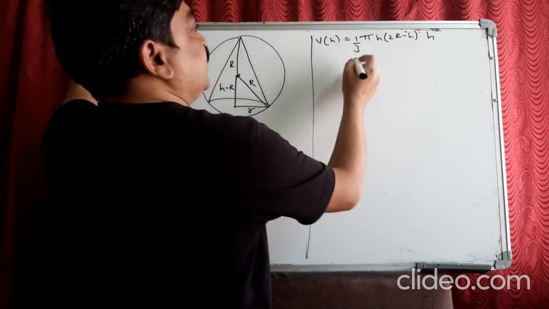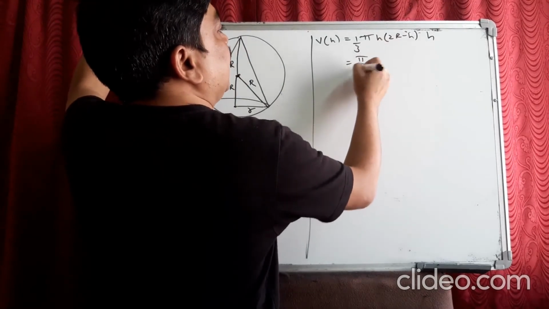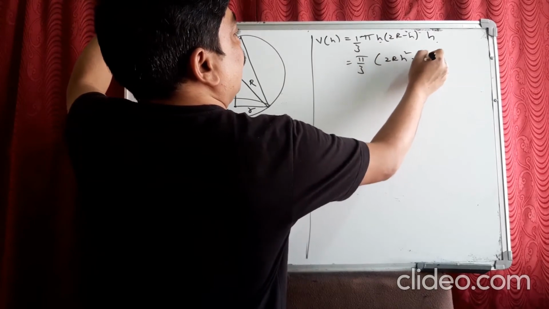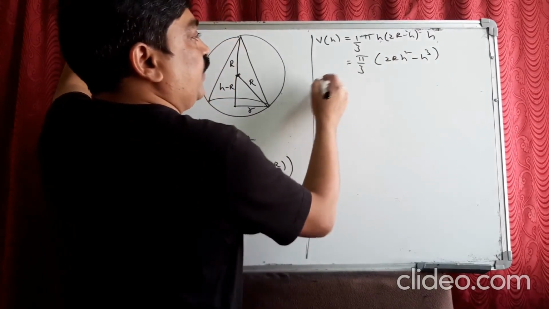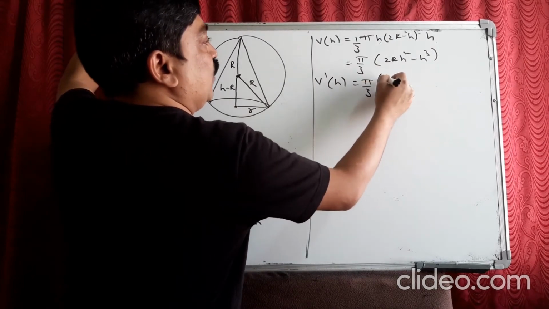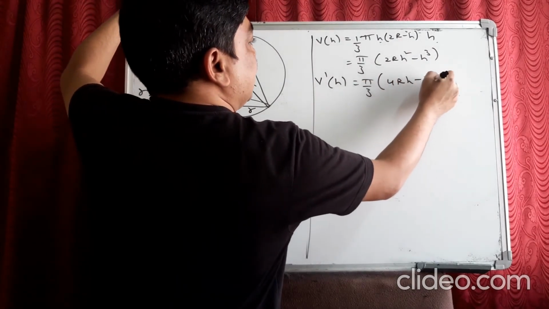So it becomes pi by 3, send h square inside: 2R h square minus h cube. Now let us take the derivative of this: pi by 3 of 4Rh minus 3h square.